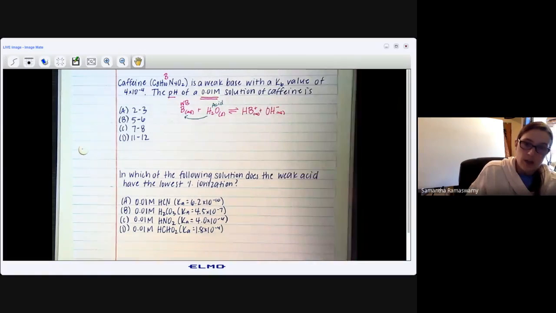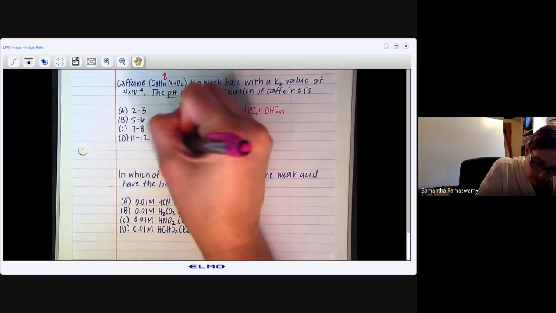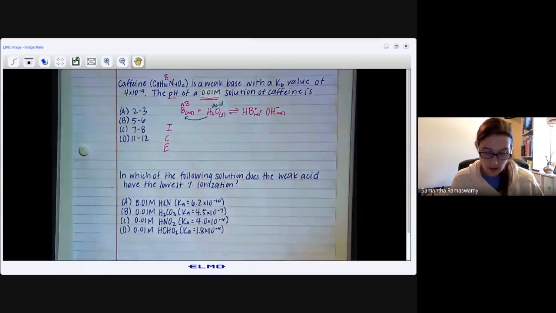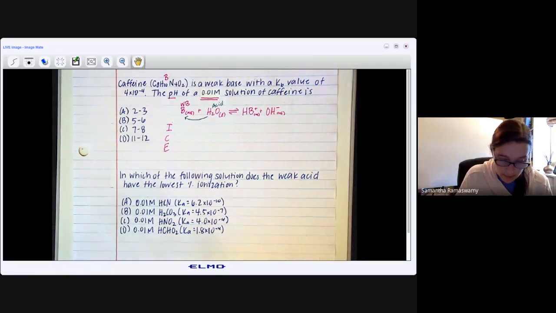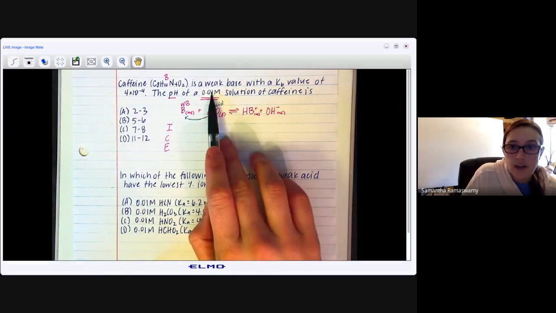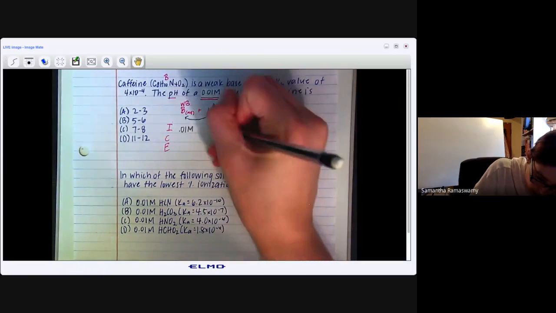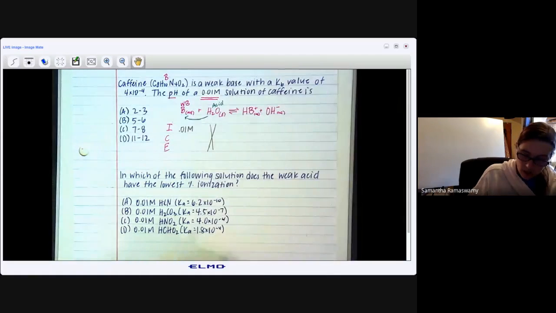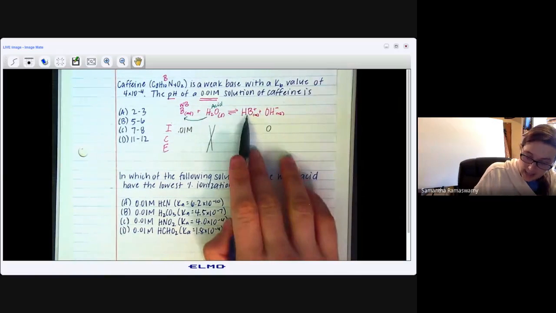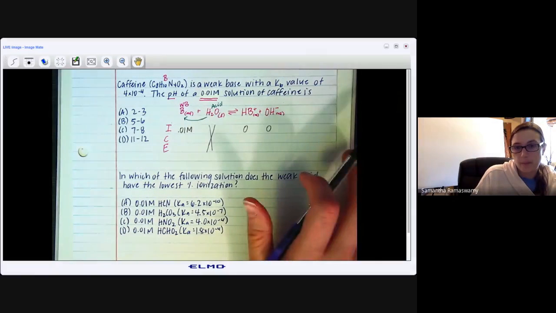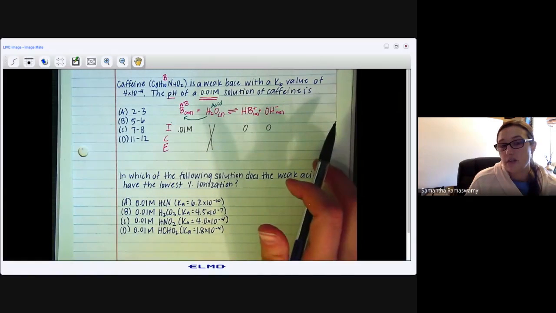Now that we have our reaction, we can set up our ice table. I'm going to plug in information. The concentration of caffeine is 0.01 molar, so the weak base here is 0.01 molar. I'm going to ignore H2O. It doesn't say anything about having the conjugate acid or OH- initially, and it doesn't give us anything about equilibrium.